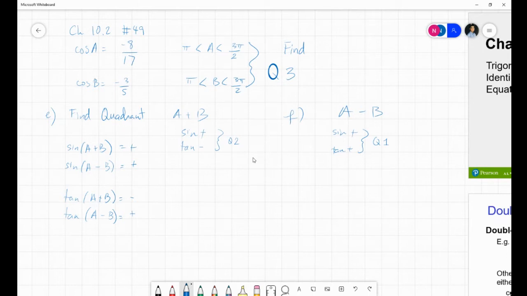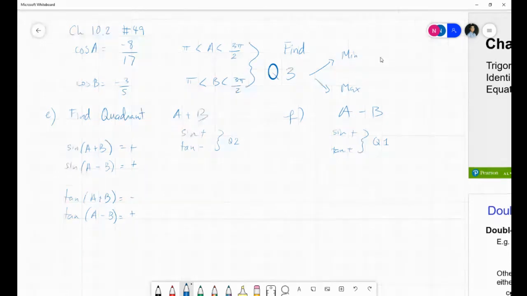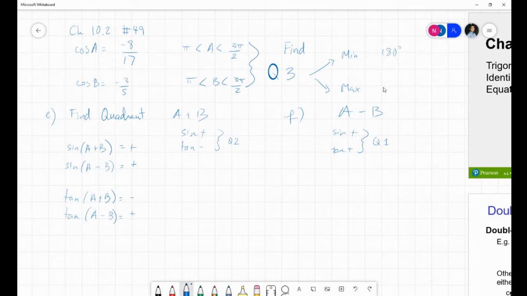Okay, it's actually quite easy to explain this if you look at the minimum and maximum values. We know A and B are both in quadrant 3. If the minimum value is pi, that's 180 degrees, and the maximum it could be is 270 degrees.